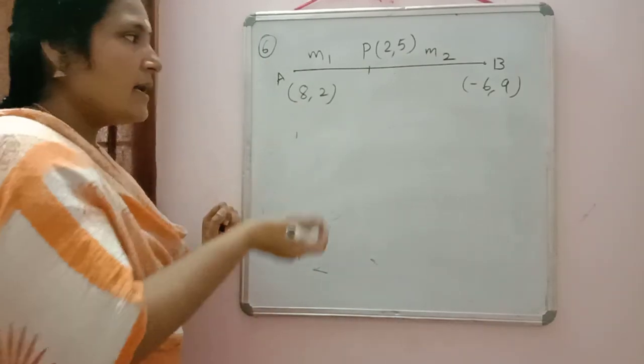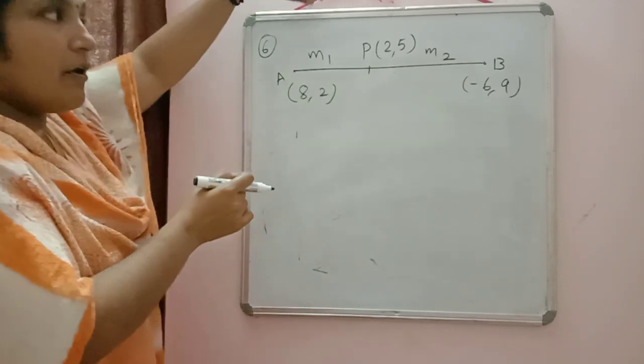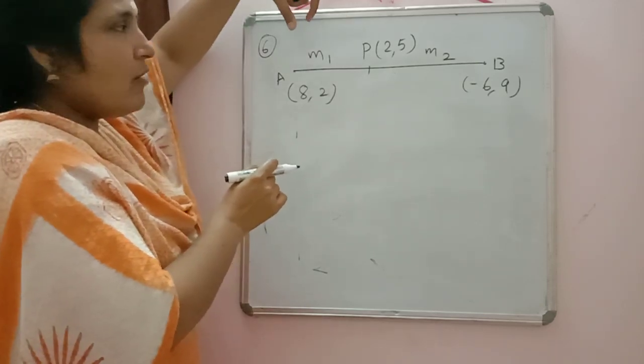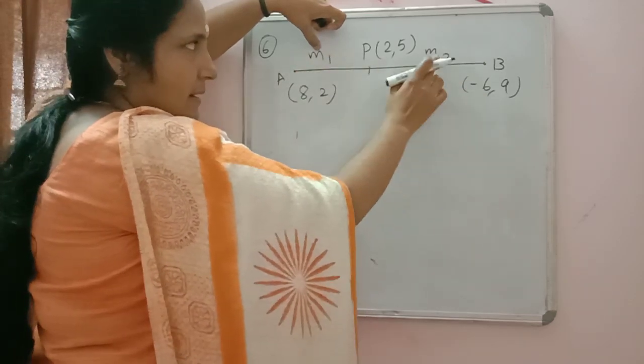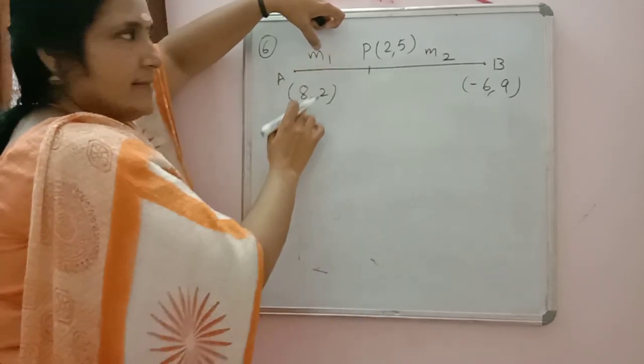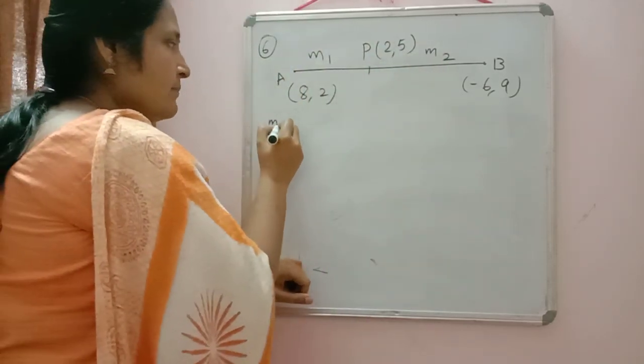Now we will check how we calculate the x coordinate of P according to the formula. The x coordinate of P is (m1 into -6 plus m2 into 8) by (m1 plus m2).